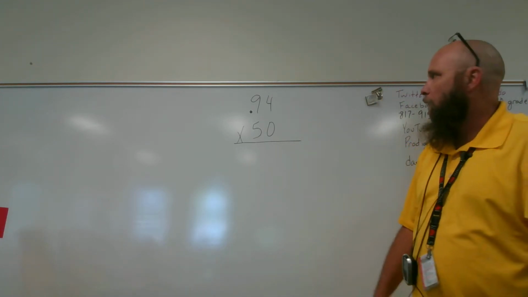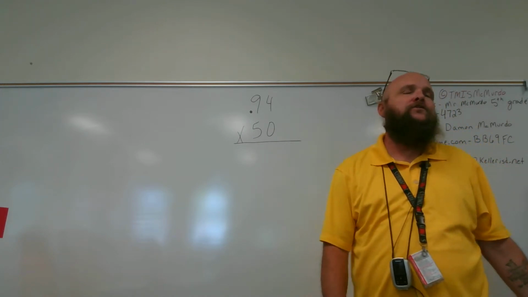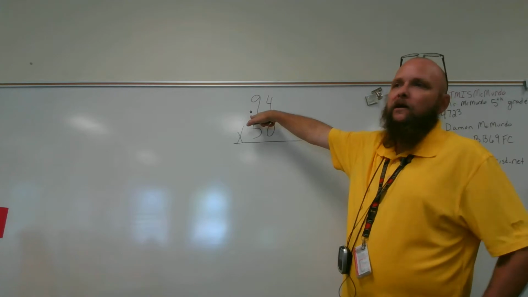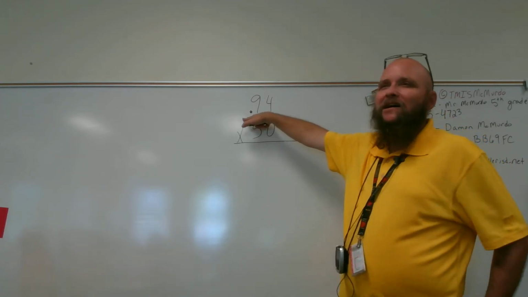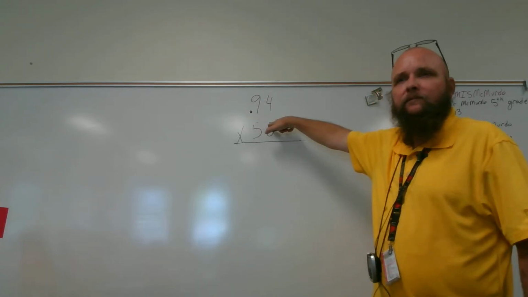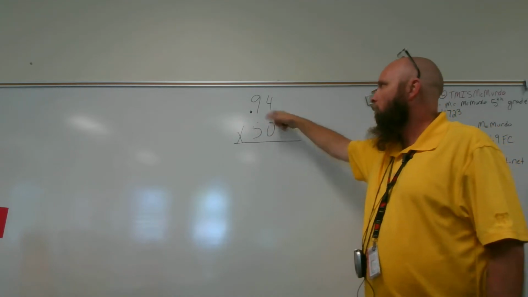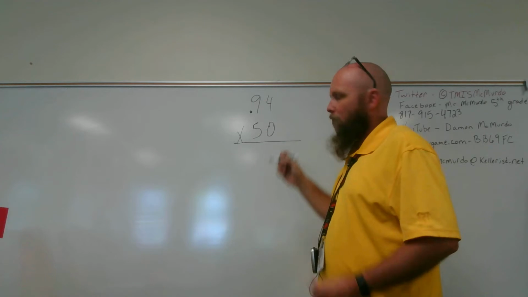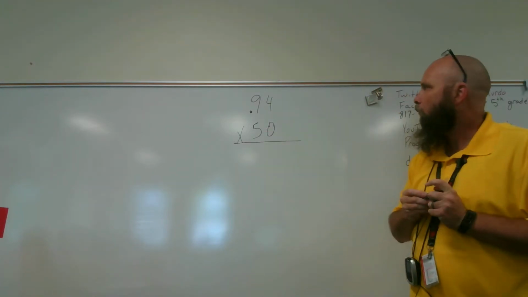Okay, so now I need to estimate first. I have my decimal number here, which is just a little bit below 1 whole. And 50 is just a whole number, 50.